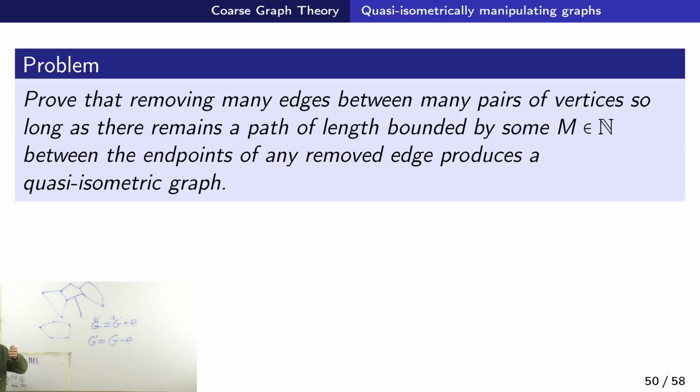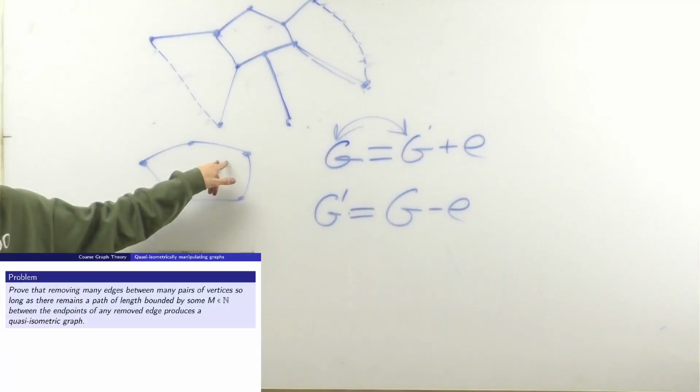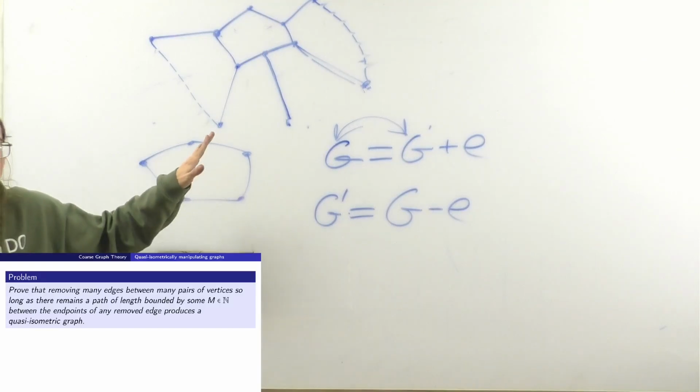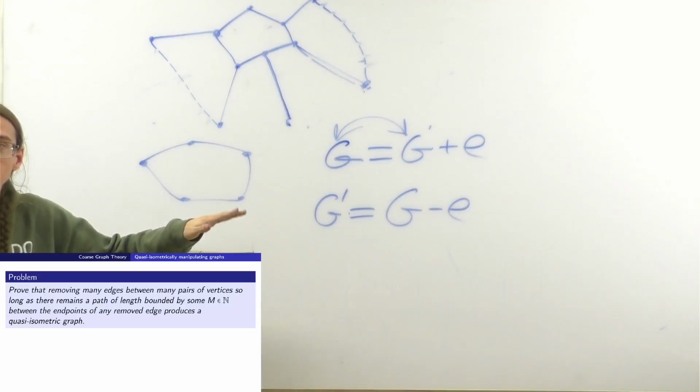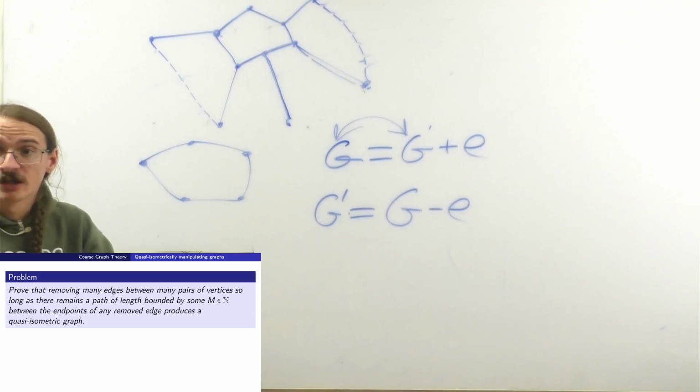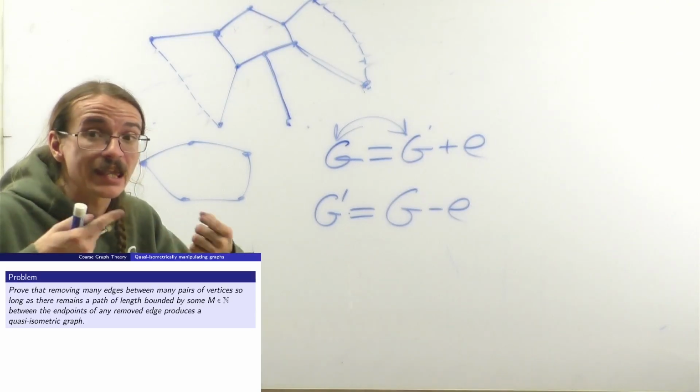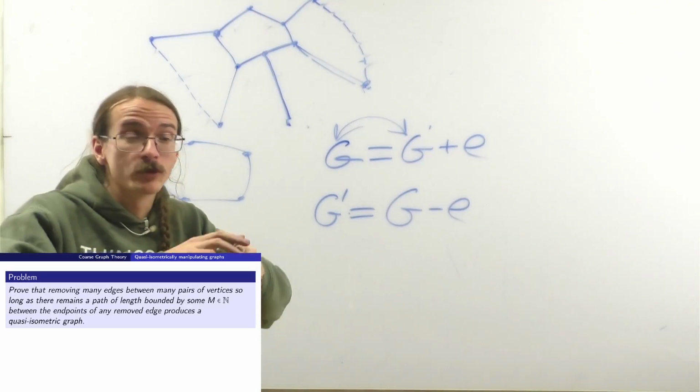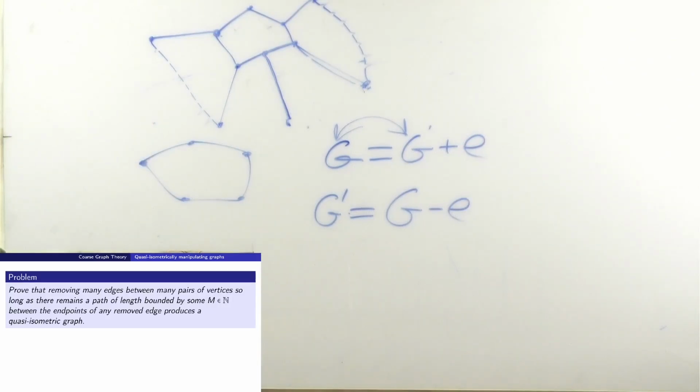Okay, good. Okay, is this the new one or a new one? Okay, removing many edges. This is the same argument. I mean, if I can remove one edge and get a quasi-symmetry, then I can... there is one thing to be careful of here, which is that we can't do this by induction because we're dealing with infinite graphs and we could be removing infinitely many edges, and that's dangerous.